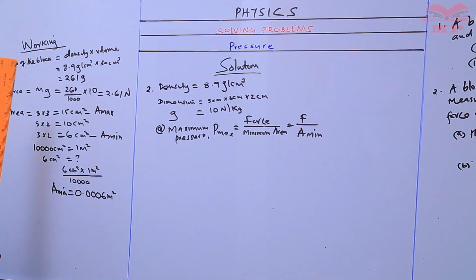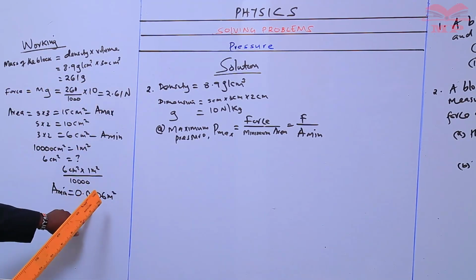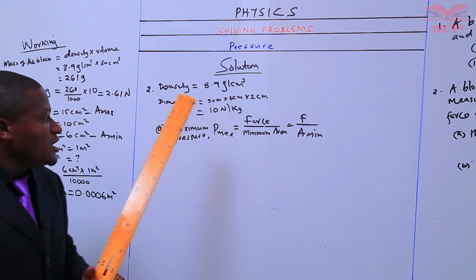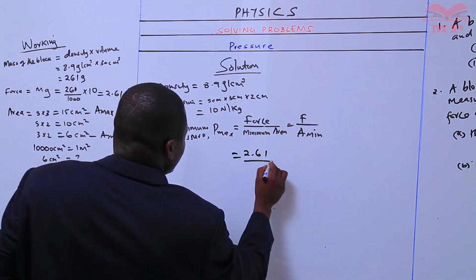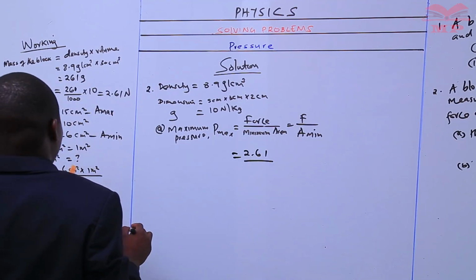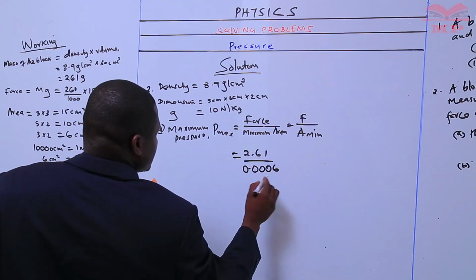Now, from here, we have force, then we have A minimum. So we just substitute in our equation. So pressure is 2.61 divided by area 0.0006.